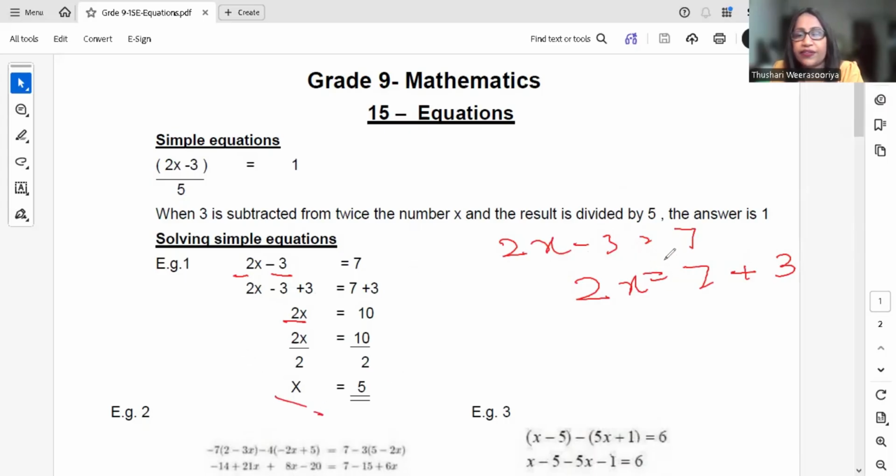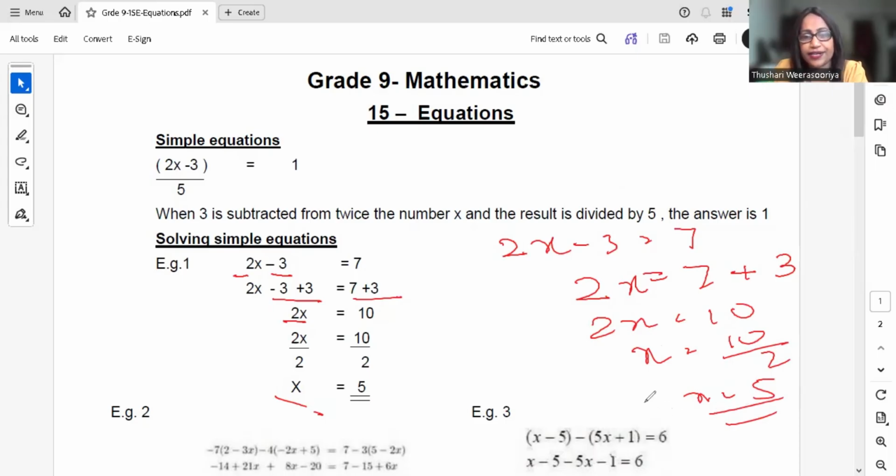But when you go to upper grade, you don't use that. That is the original method. But here, I feel like repeating numbers again and again, so wasting time. Then 2x equals 10. Then take 2 to the other side. Identify the operation. There is multiplication. It goes as division. Then x equals 5.